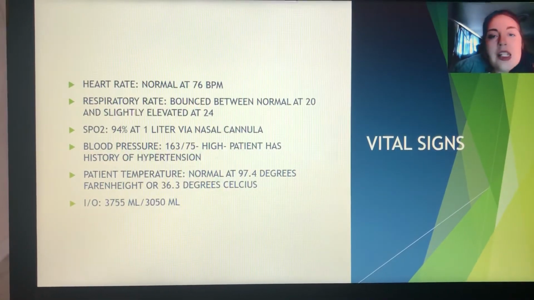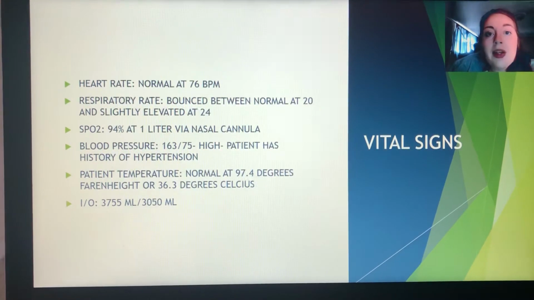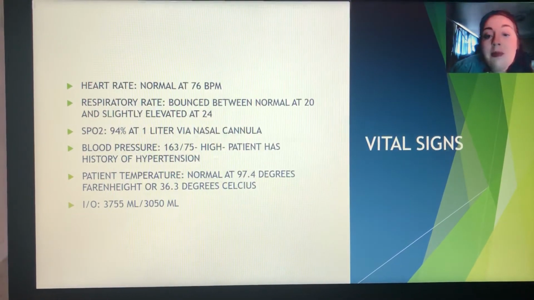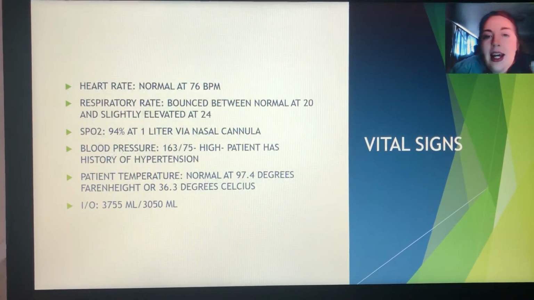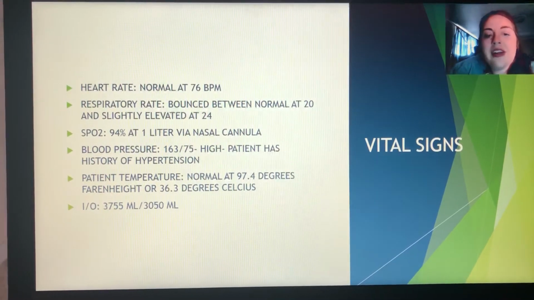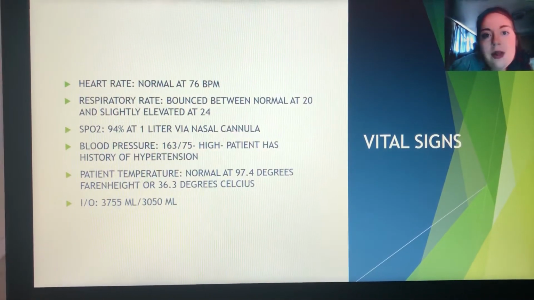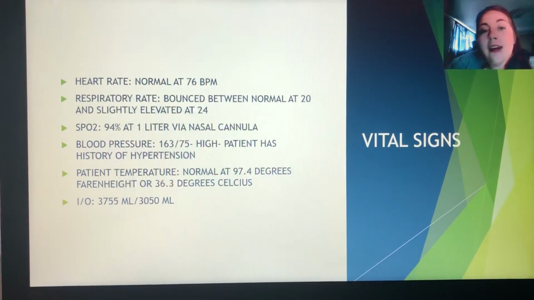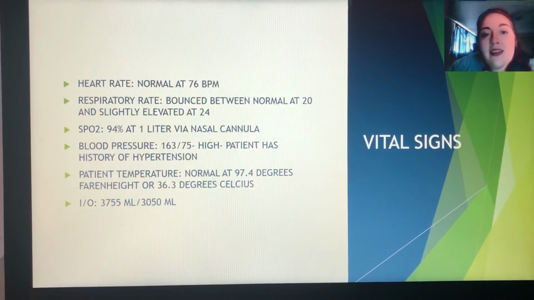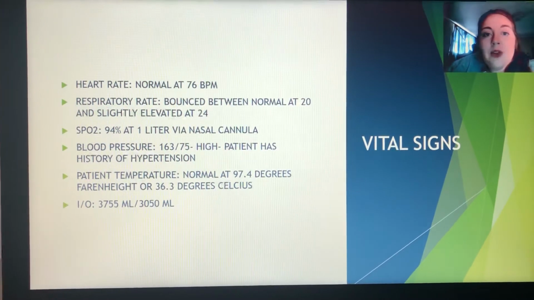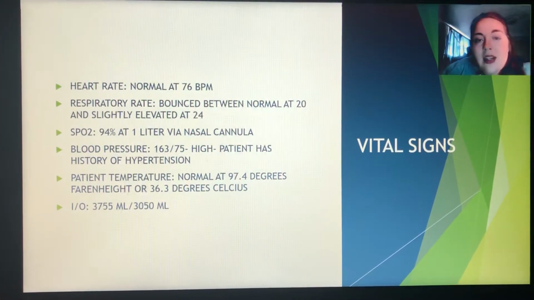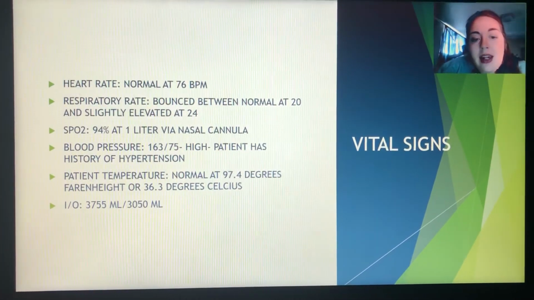So then I looked at the vital signs. The respiratory rate bounced between 20, which is normal, and it got elevated at 24. Otherwise, it was between those two numbers. The heart rate was fairly normal, around 76. The SpO2 stayed about 94% on 1 liter via nasal cannula.